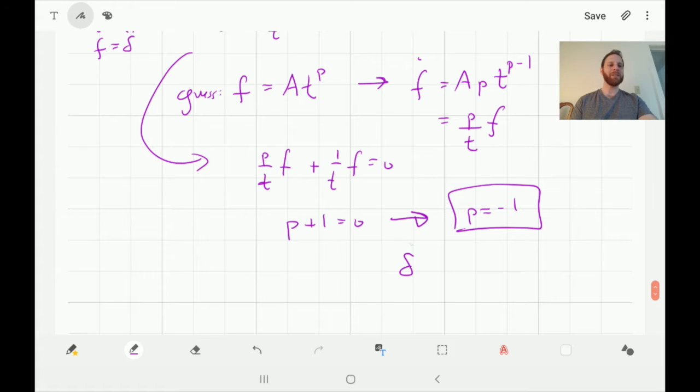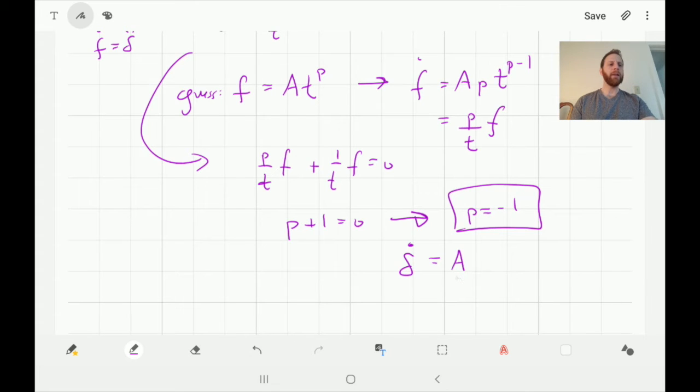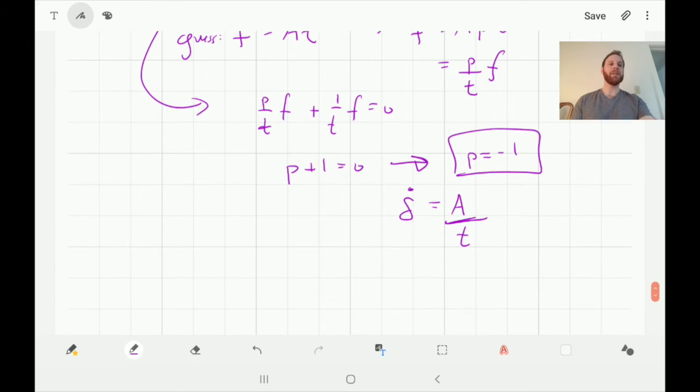We've learned that delta dot is equal to some constant times t to the minus 1, or A over t, and now we can simply integrate that to get delta. You'd have something like A times the natural log of t over some t naught, plus some constant which you could always absorb.